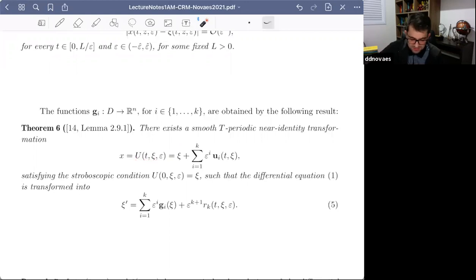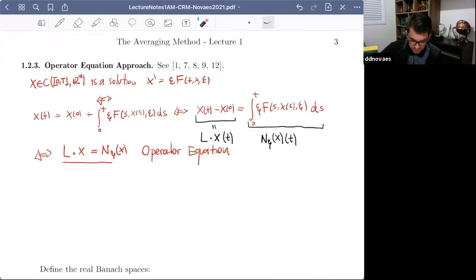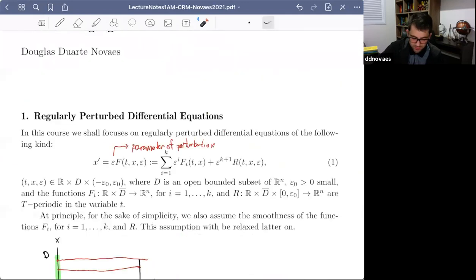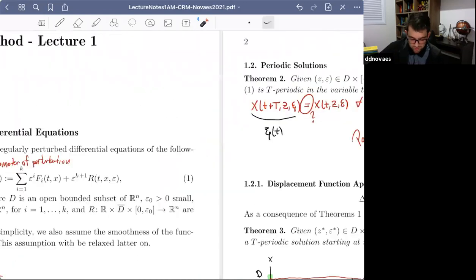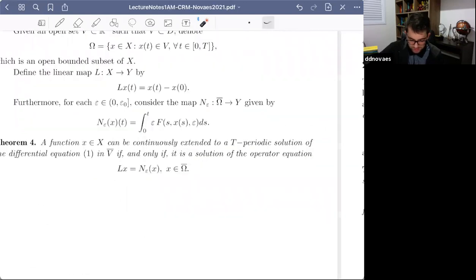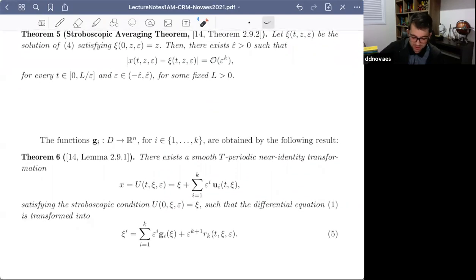Since we are working in the order k scenario, remember that our standard form is given in power series up to order k. So here we consider also a near-identity transformation, but with perturbations up to order k.